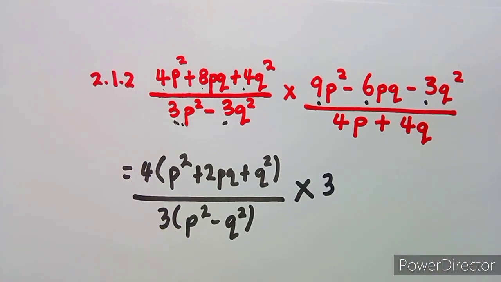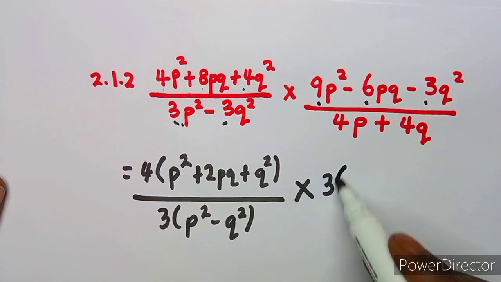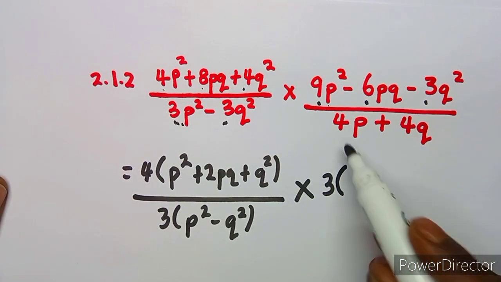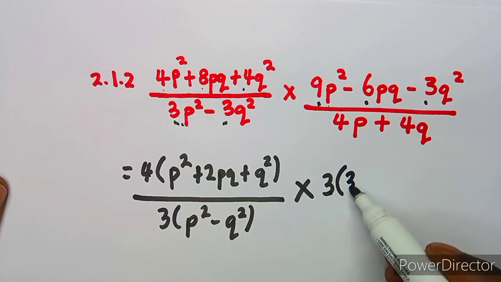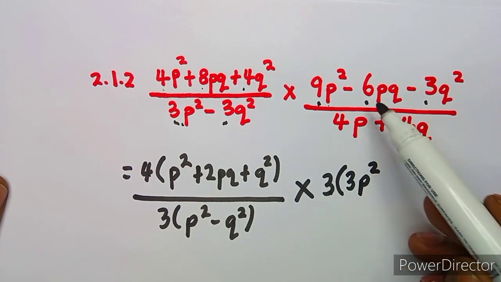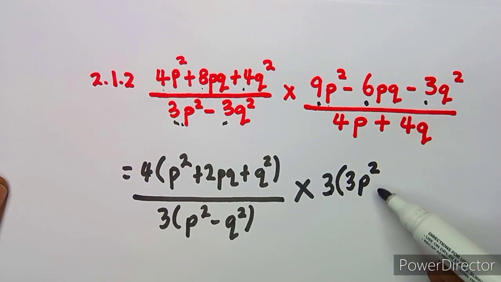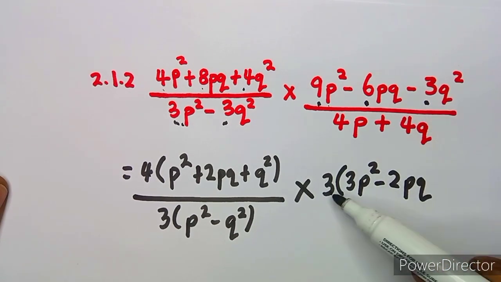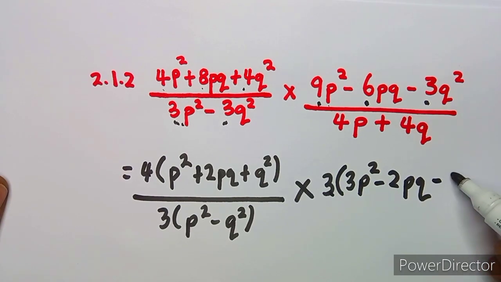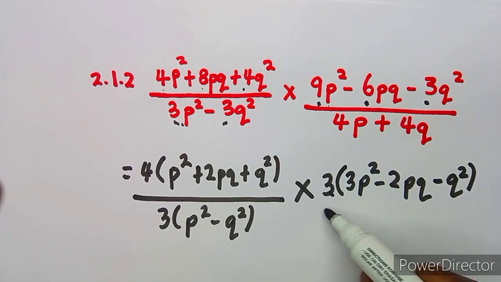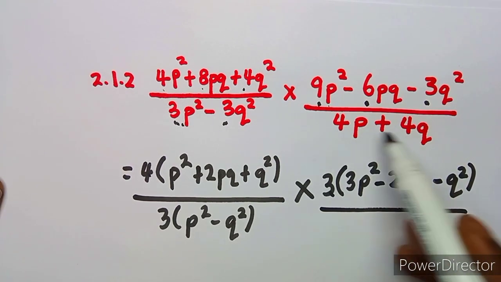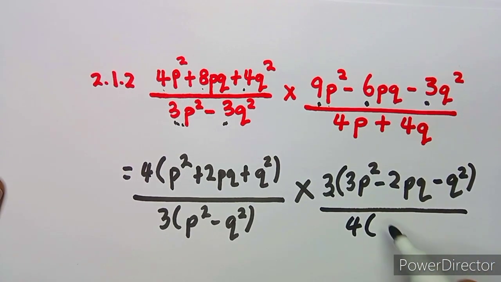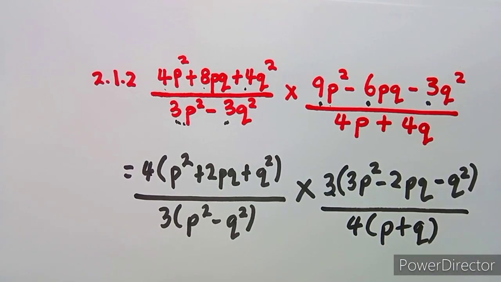These are multiples of 3. So we factor out 3, which is 9 divided by 3, which is 3p squared, minus 6 divided by 3, which is minus 2pq, minus 3 divided by 3, which is minus 1, so this is minus q squared, or minus 1q squared. And here 4 is common, so we can factor out 4, which is going to give us p plus q. So that's what we have.